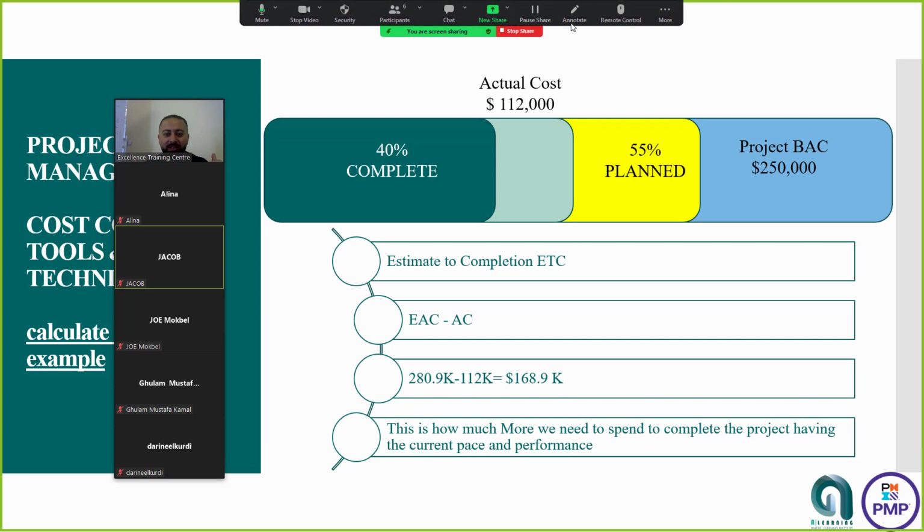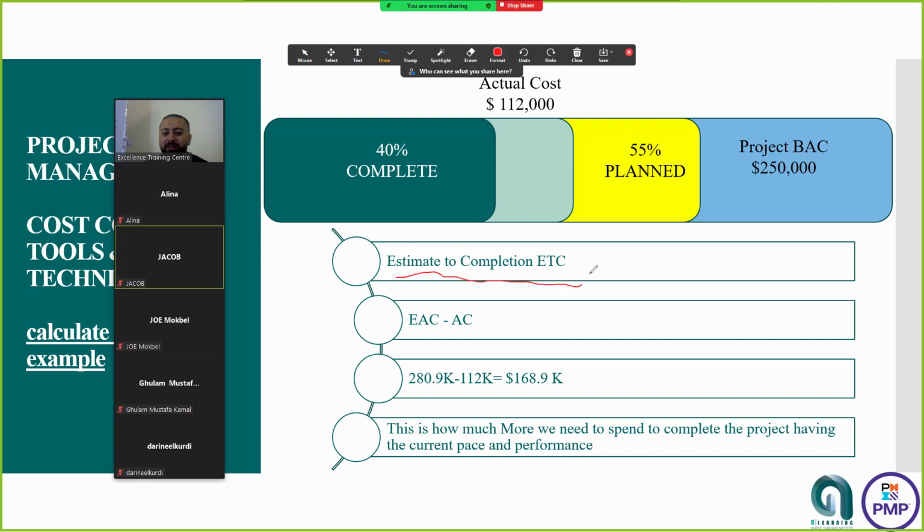So continuing with that, we have the estimate to complete, or ETC, which uses the EAC we have just calculated, which was BAC over CPI, correct? I can go with this number, which is 28 something, 0.9, I think, it's here, and minus the actual cost.